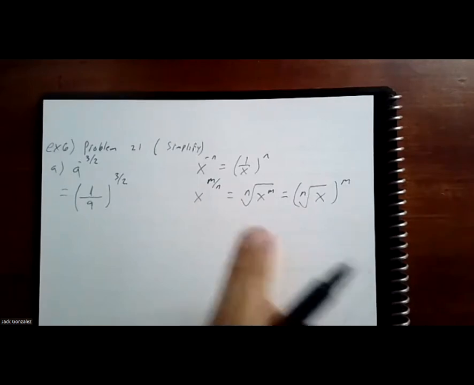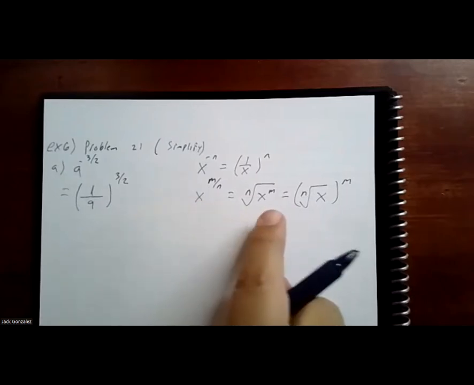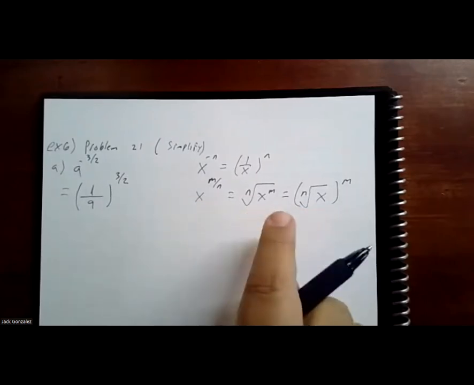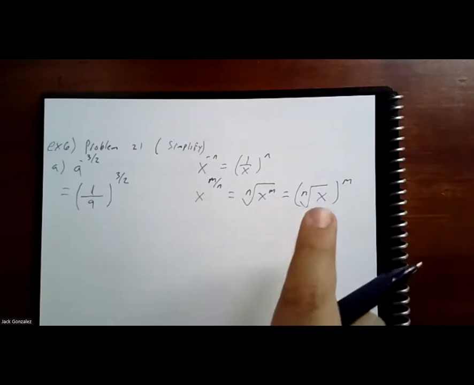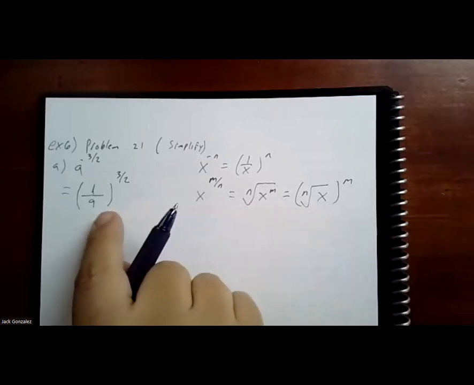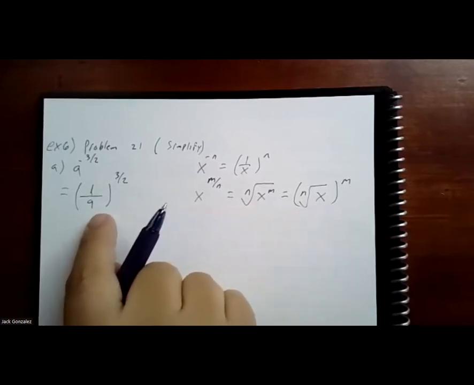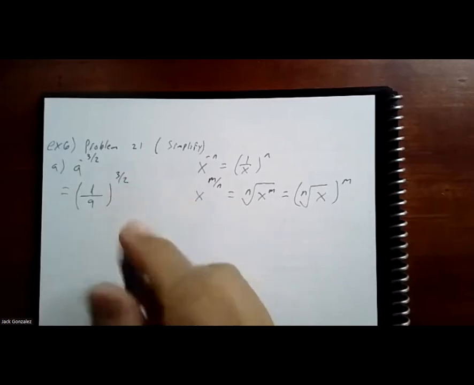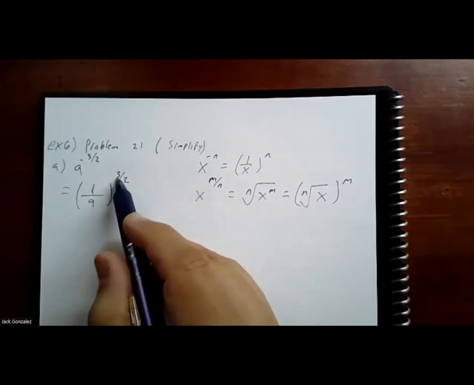Now, once it's in this form, you can change it to one of these. I think this one is the better one instead of this one, because I can see that 9 is a squared number, right? So it's better to apply the root first, the square root, and then apply the power.